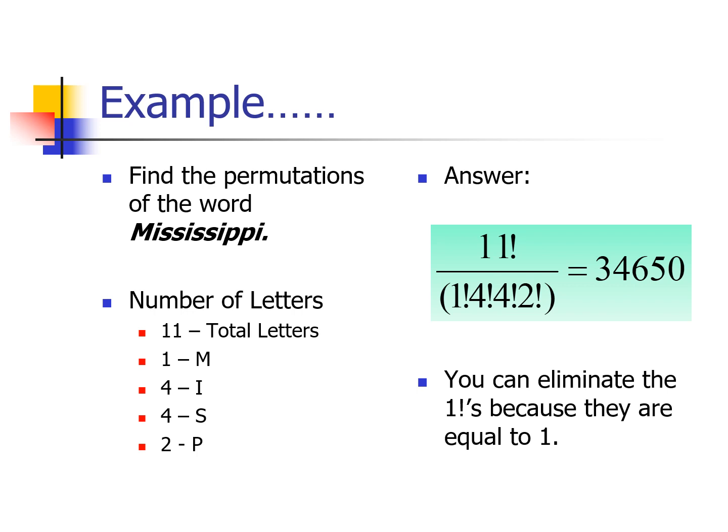Next, we have P. How many P's in our word Mississippi? There are 2. So times 2 factorial. Okay? So by simplifying, you will have 34,650. Remember class, you can eliminate the 1 factorial because they are equal to 1.